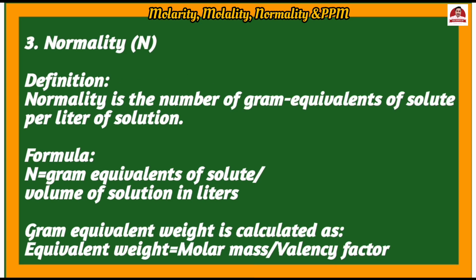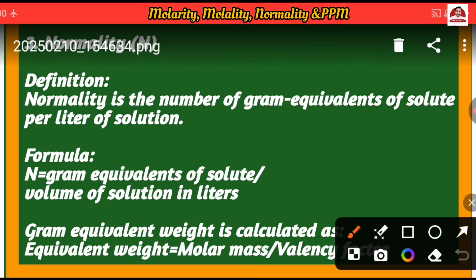Next is normality. It is represented by capital N, and we can define normality as the number of gram equivalents of solute present in a liter of the solution. What is the formula of normality?